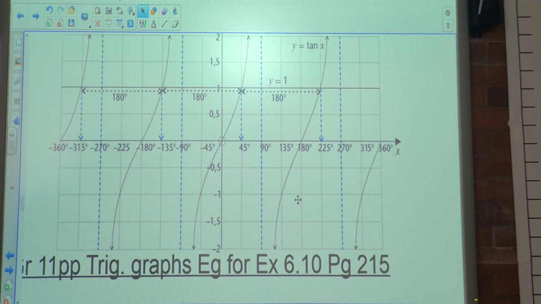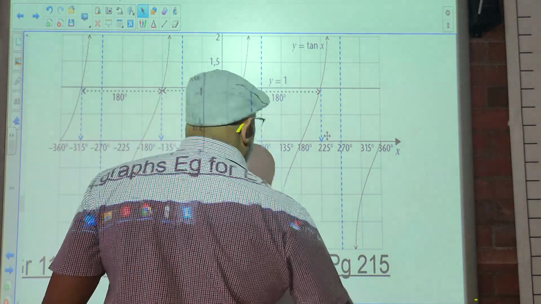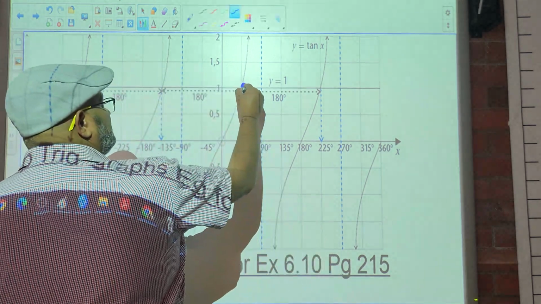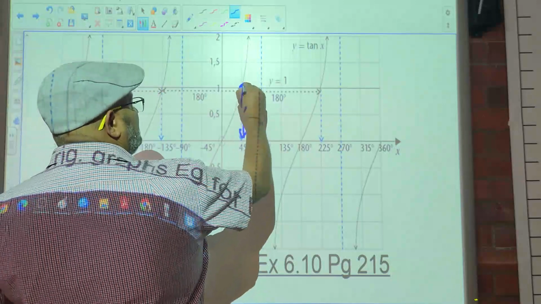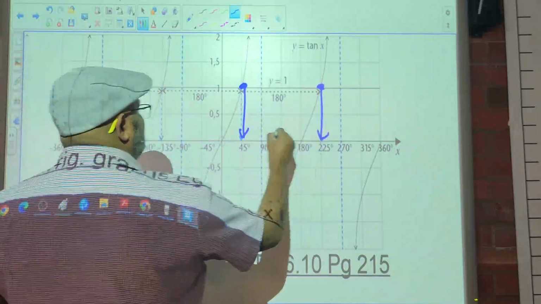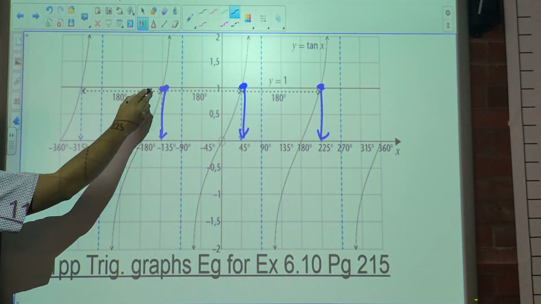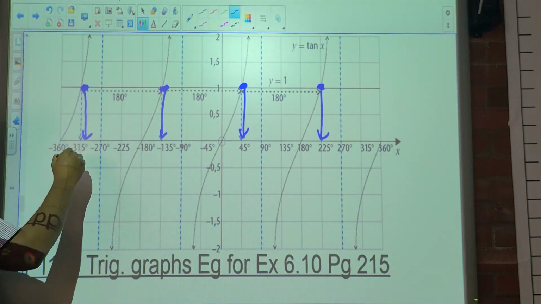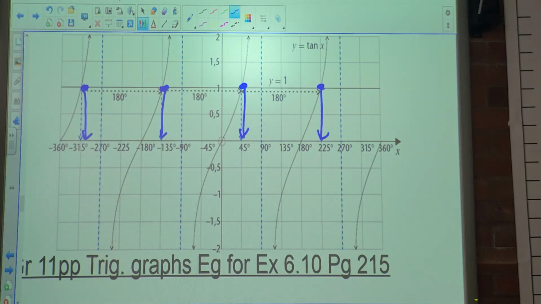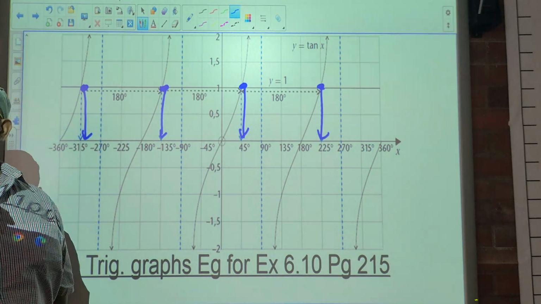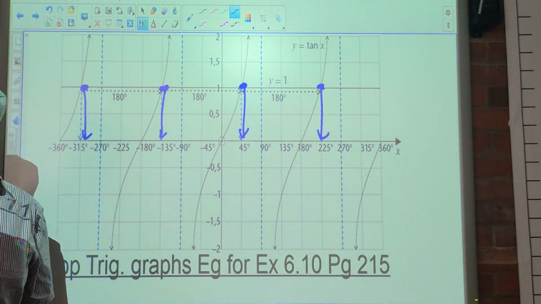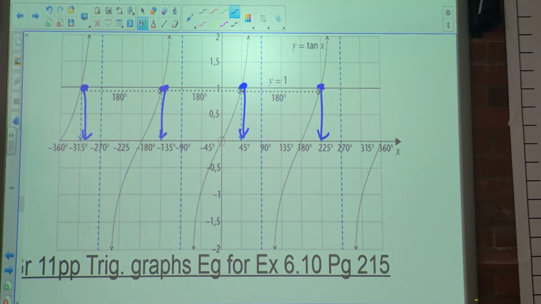As you can see here, this solution gets repeated every 180 degrees. Hence the reason why we say k times 180. Whereas in the sine and cos graph, that solution repeats itself every 360 degrees. That's the reason why we say k times 360.